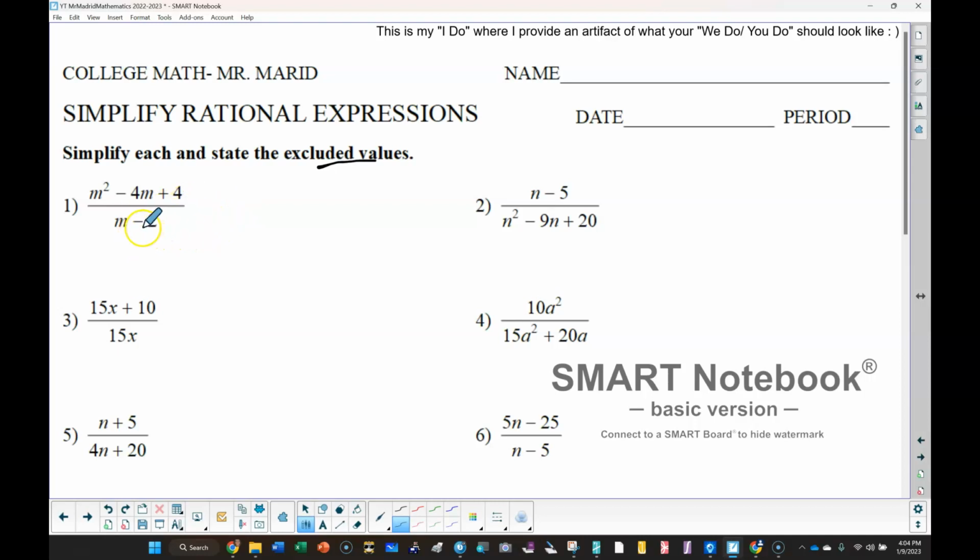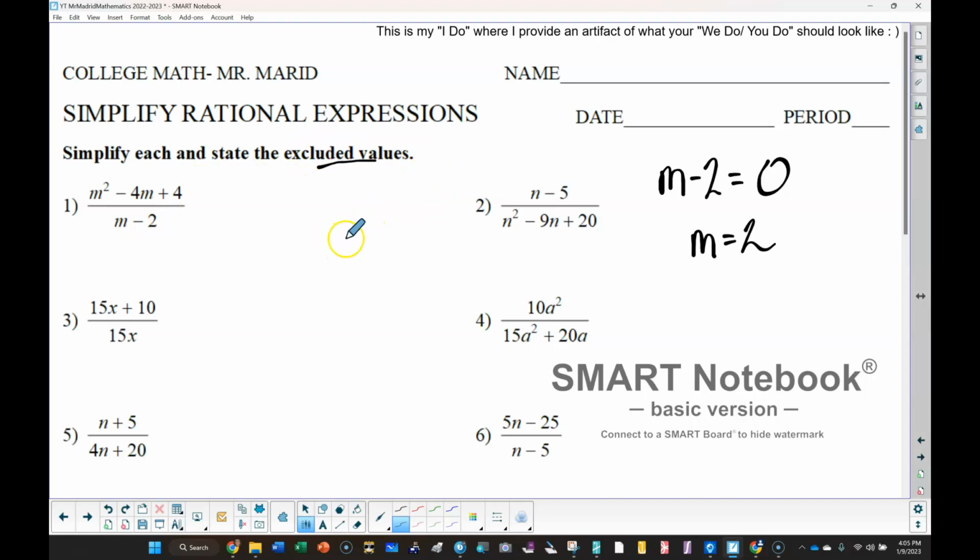That's an excluded value. So you take whatever's on the bottom and you solve for it. This is nice and simple. Add 2 to both sides and you get m equals 2. If I put in 2 here, 2 minus 2 is 0, so that should be excluded.